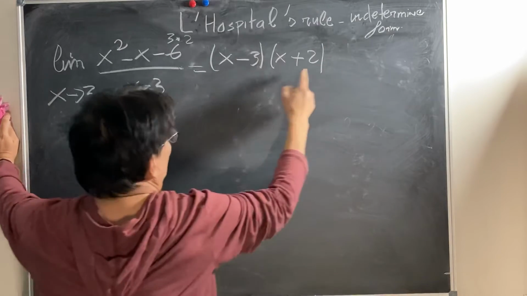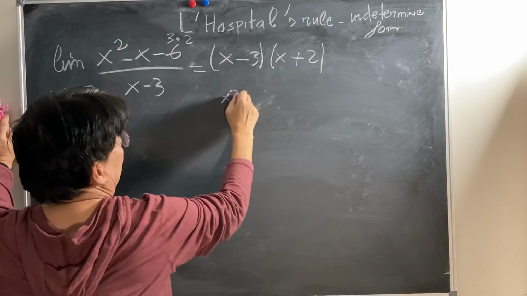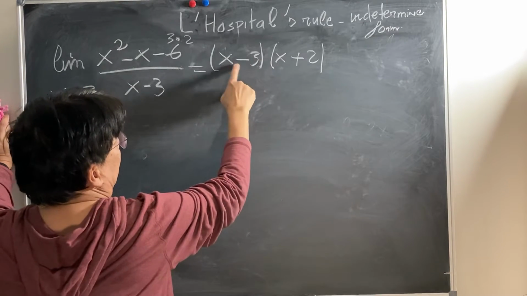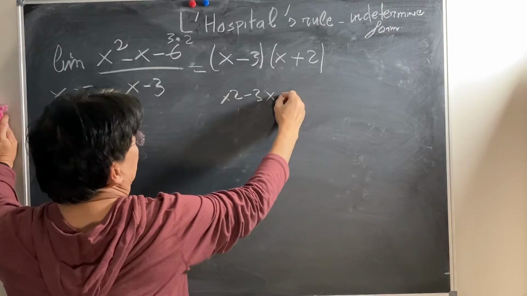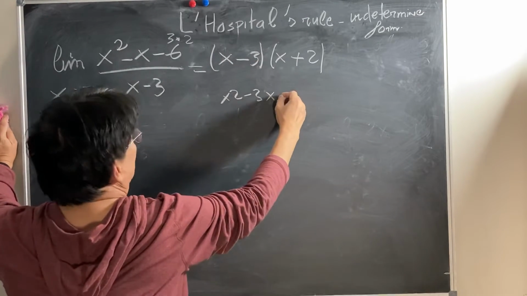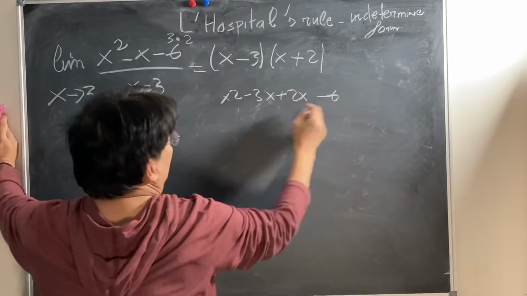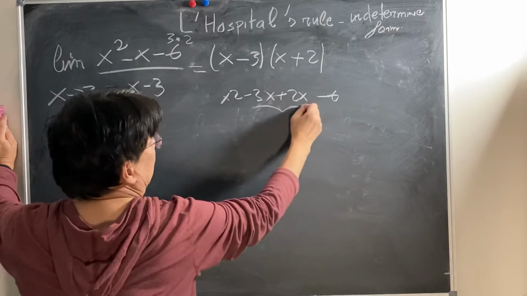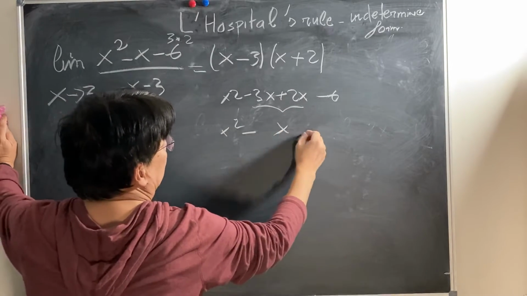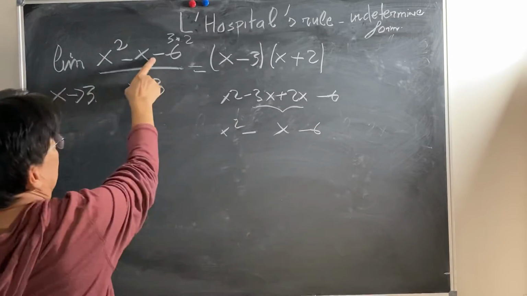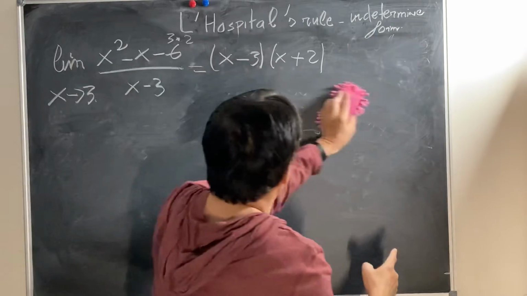You can check it: x times x is x squared, then minus 3x, plus 2x, and minus 6. Minus 3x plus 2x is minus x, so x squared minus x minus 6. So this equals x minus 3 times x plus 2.